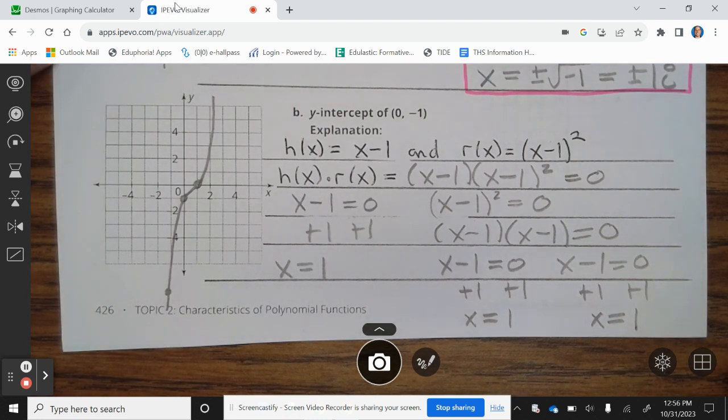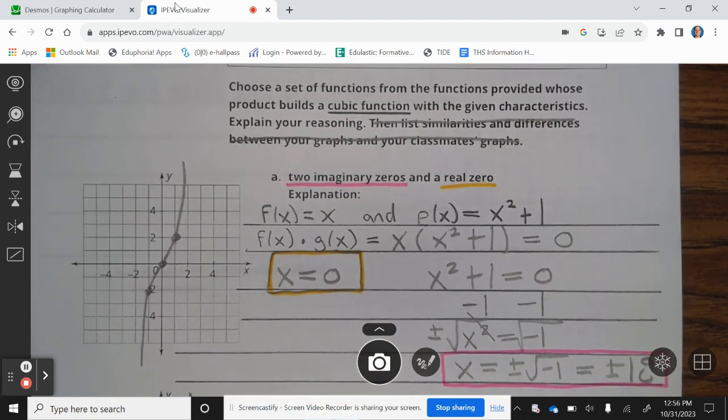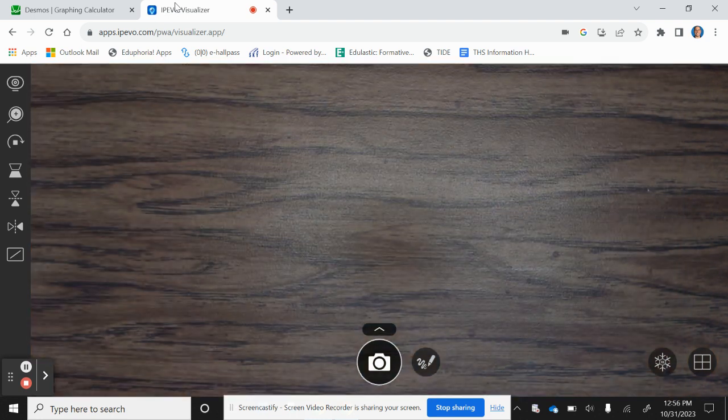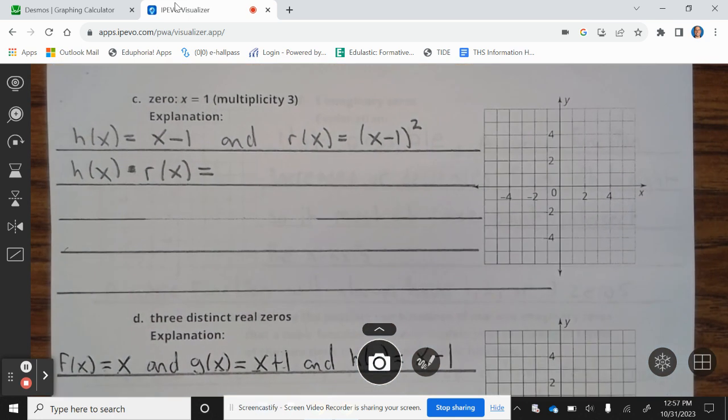All right, let's take a look at the next page. 1C, zero x equals 1, multiplicity of 3. So h of x equals x minus 1, and r of x equals x minus 1 squared.